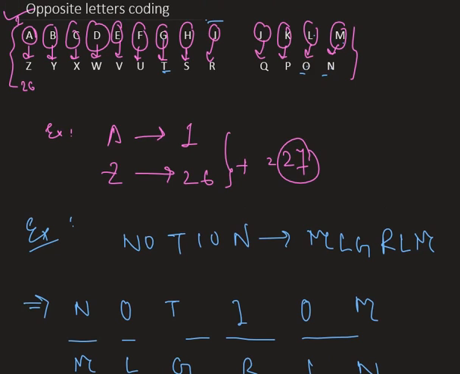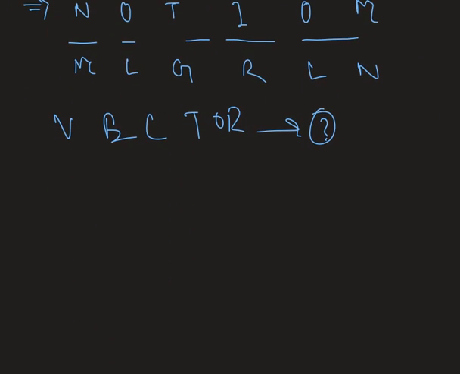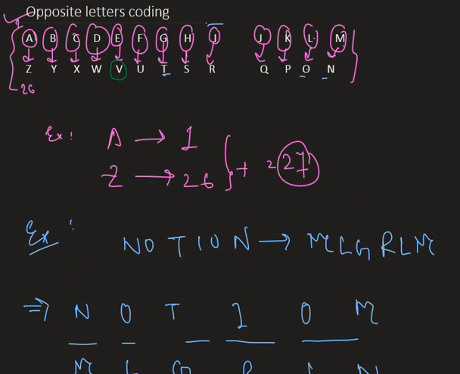The opposite letter of V is E. So we write E here, and it is obvious that the opposite letter of E must be V. The opposite letter of C is X.